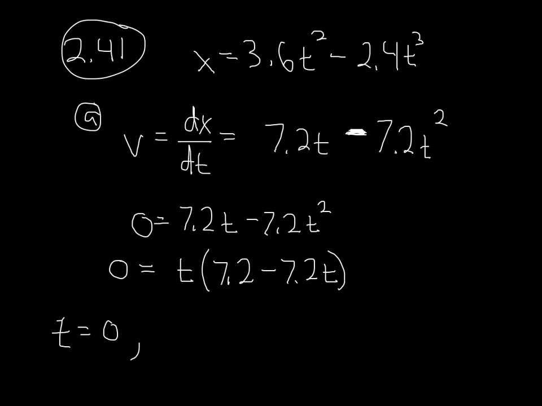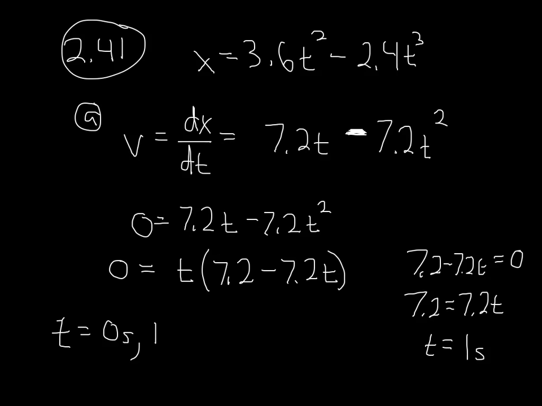I could have 7.2 minus 7.2 t equal to 0. So I solve that equation. 7.2 equals 7.2 t. Solve this for t, and I get t equals 1 second. So my velocity is apparently 0 at t equals 0 seconds, or t equals 1 second.